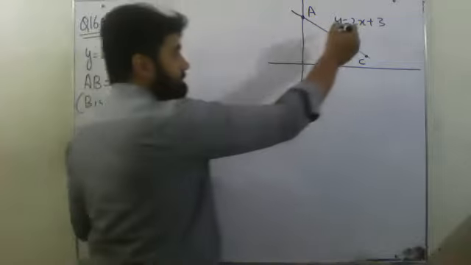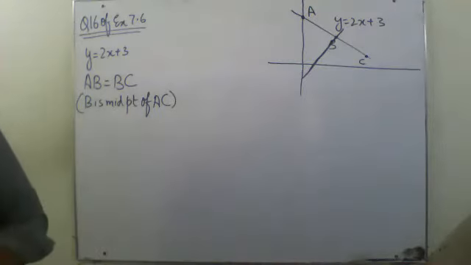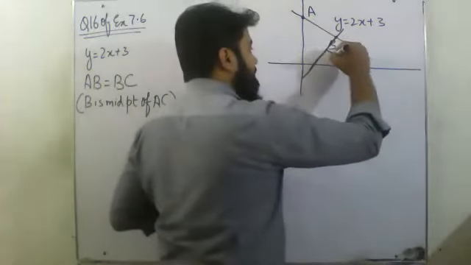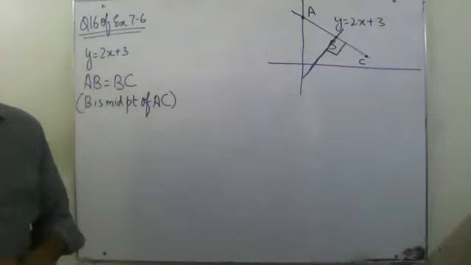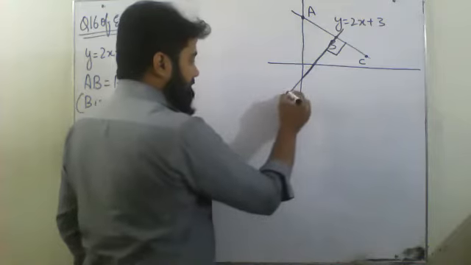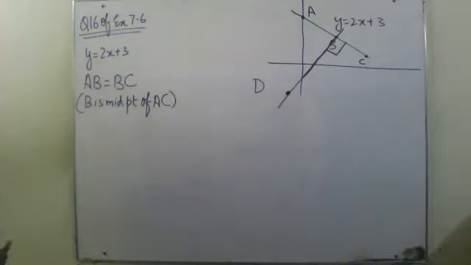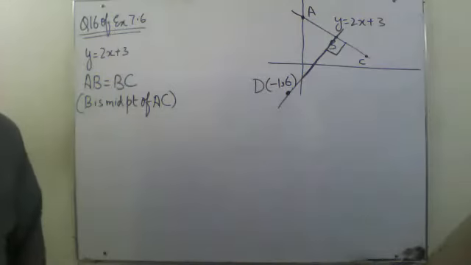There is another line which is passing through B and it is perpendicular to AC. Then they are saying that this line has another point D whose coordinates are -1, 6.